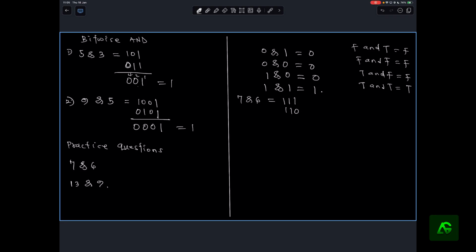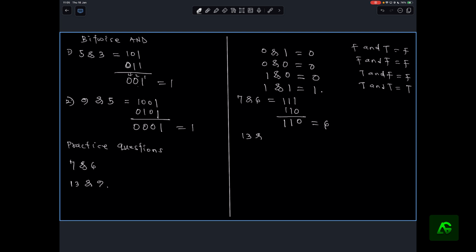Here, this is the summary of what is happening. 1 stands for true and 0 stands for false. So when we have 1 and 0, it is 0. 1 and 1 is 1. 1 and 1 is 1, right? And that is 1 1 0. From here we've seen that 1 1 0 is 6. So when we convert this to base 10, it gives us 6.